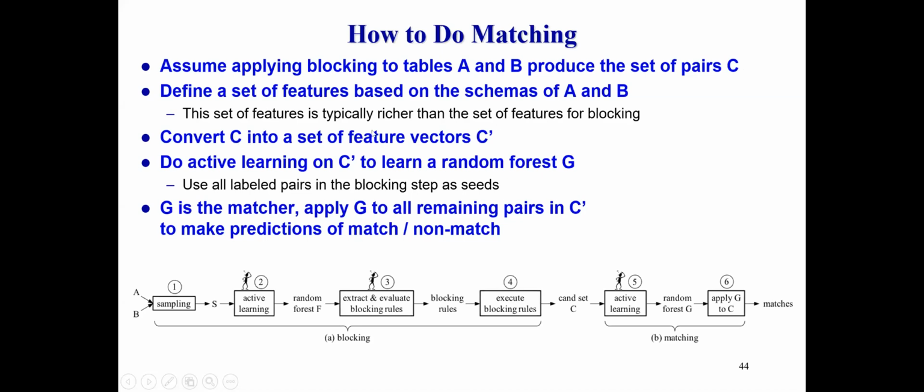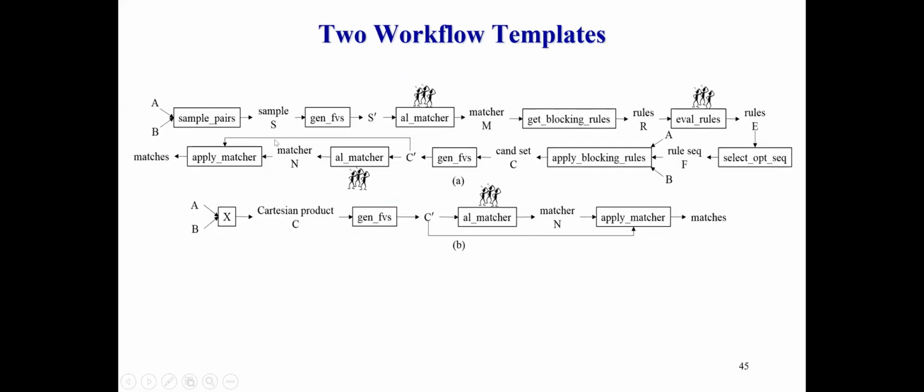We convert C into a set of feature vectors C prime. We do active learning on C prime to get a random forest G, which is a matcher. Then we apply that matcher to all remaining pairs in C prime to make predictions. That is what I showed down here. You can see that there's an active learning step, you get G, and then you apply G. So that basically gives us two possible workflow templates.